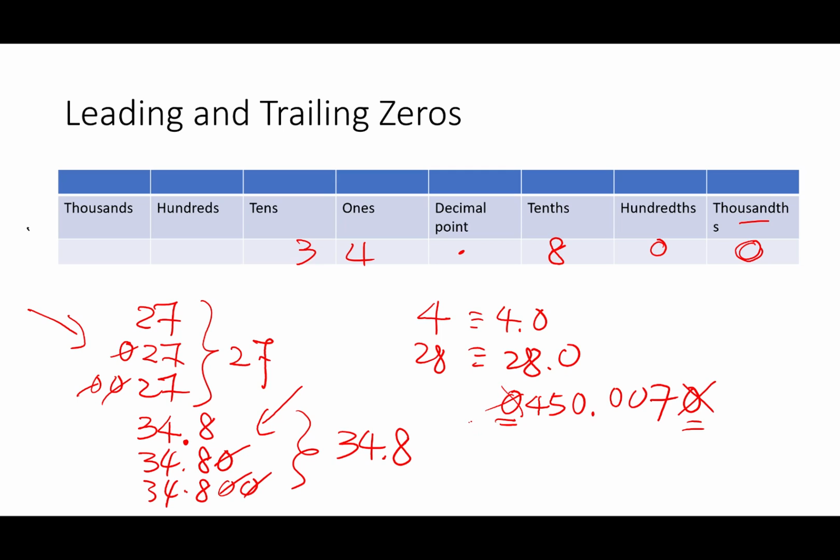So this number is equivalent to 450.007. Now pay attention that the zeros in between cannot be discarded. You have to keep them because they carry a value. So that is the meaning of leading and trailing zeros.